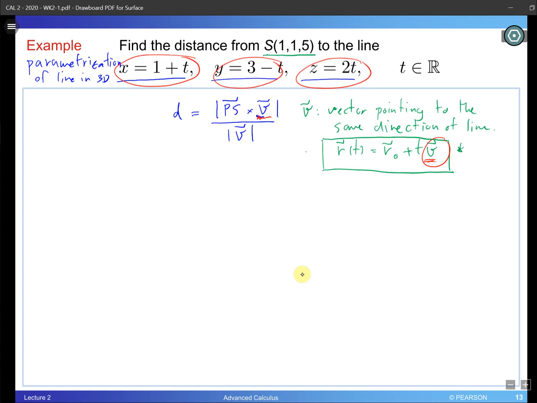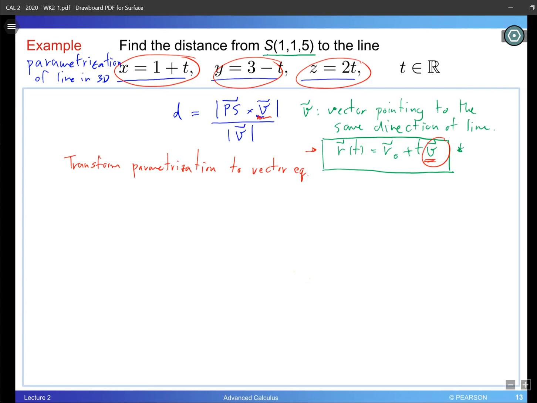It's not the same as this. So the first thing we are going to do is transform the parametrization to a vector equation, so that we know what v is.